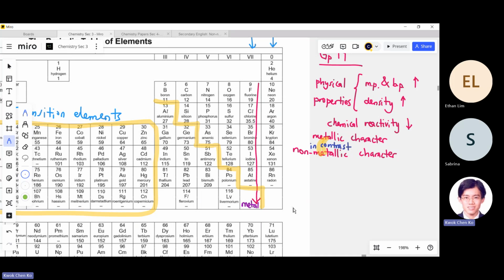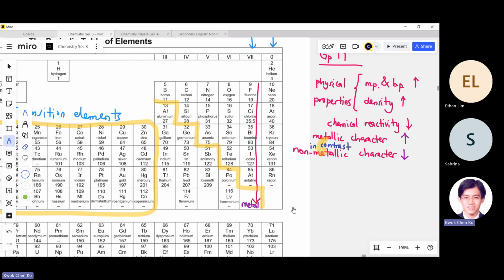Metallic character increases down the group, going from non-metals to metals. And as I said earlier, non-metallic character is in reverse, so it decreases down the group.